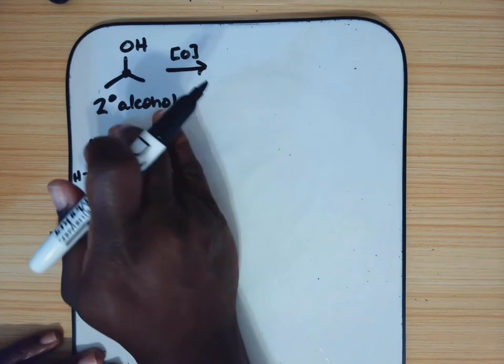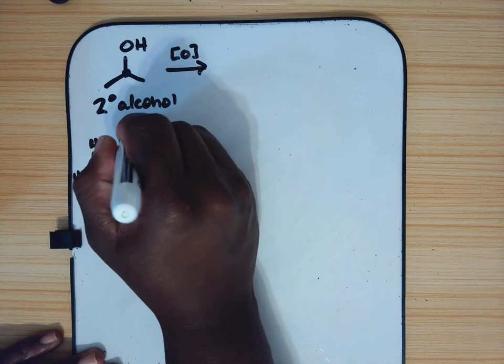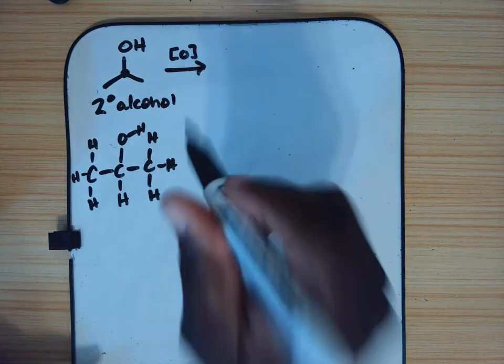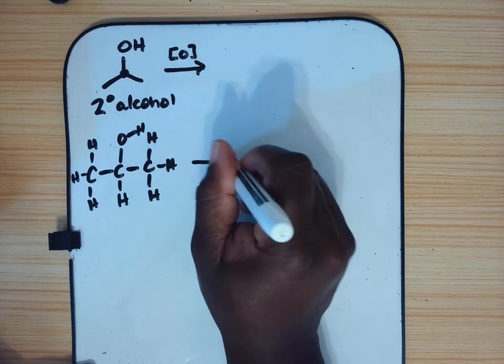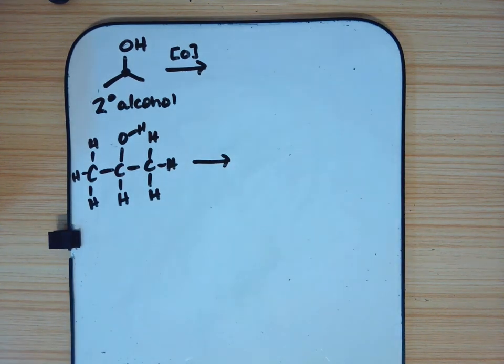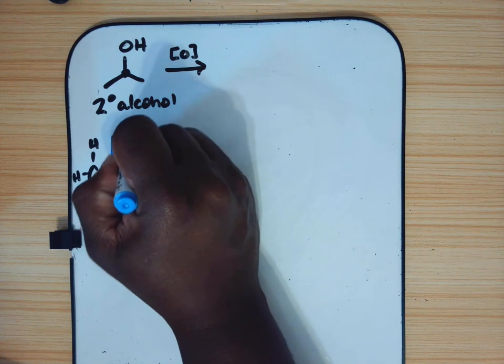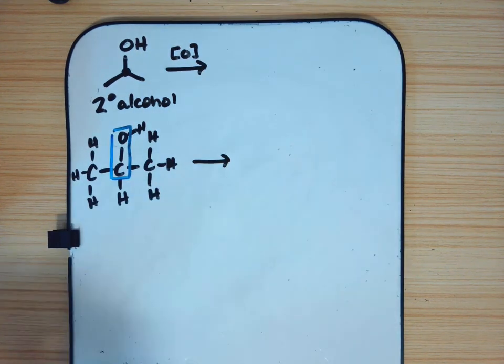So again, I'm just going to expand this oxygen hydrogen to show the actual bond. And remember, when looking at an alcohol, regardless of whether primary, secondary, tertiary, look for that carbon-oxygen bond. So I have my carbon-oxygen bond. That includes your alcoholic carbon and the oxygen from your alcohol functional group.